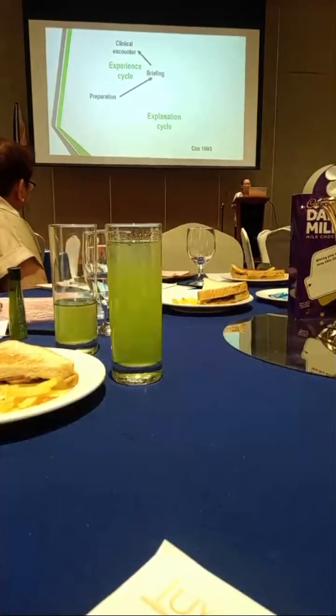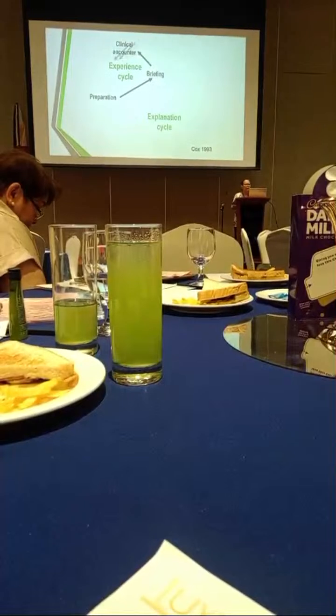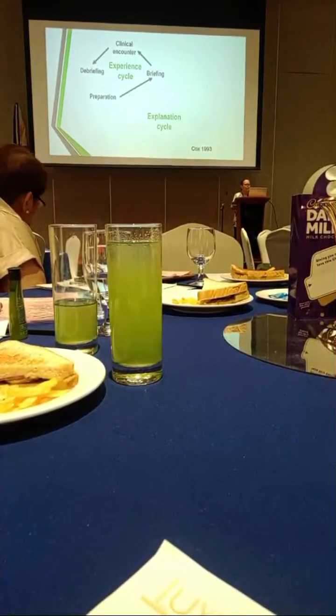And then you have your clinical encounter. And then after that, that finishes the first cycle. And then you go to the explanation cycle, where you reflect on your experience.